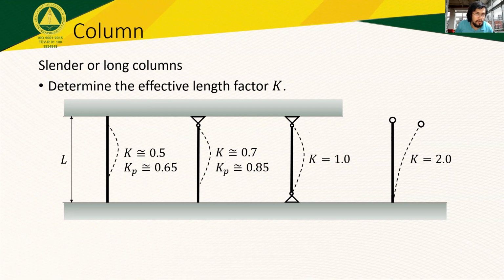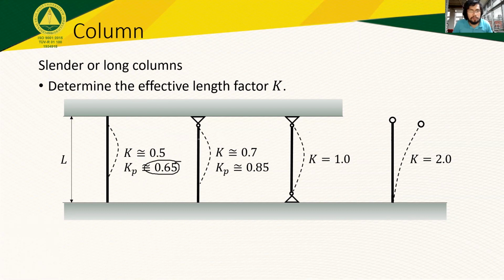If there's a fixed member, so there's no change in direction or position at the ends, the minimum value for k is 0.5, but the actually used value is 0.65, right? So make use of this value instead.